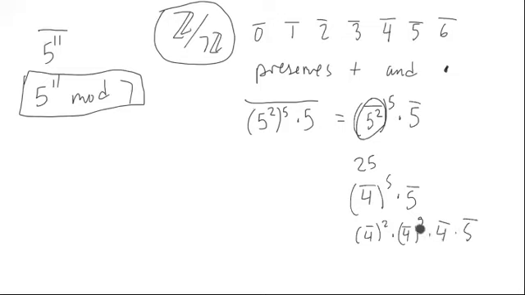And if we want, we could put the 4 and the 5 together, make that 4 times 5 bar, and that's 20, which we know is 1 less than a multiple of 7. So if we want, we could even write -1. So that'll replace this part right here. Then we're left with 4 bar squared times 4 bar squared.